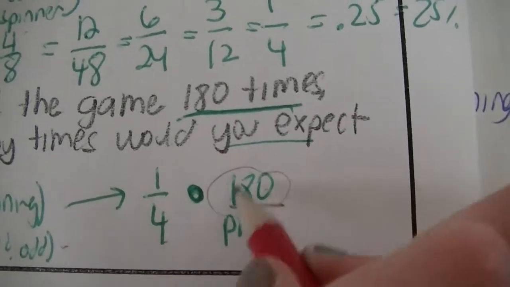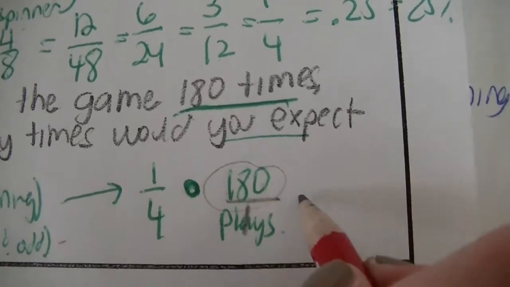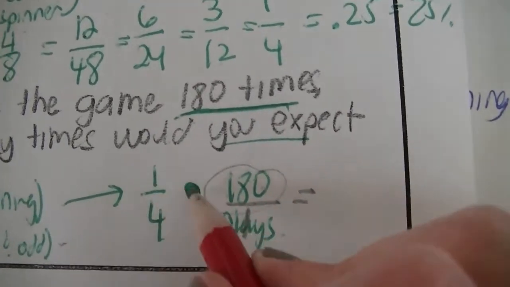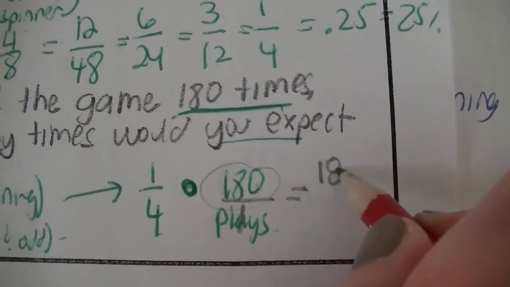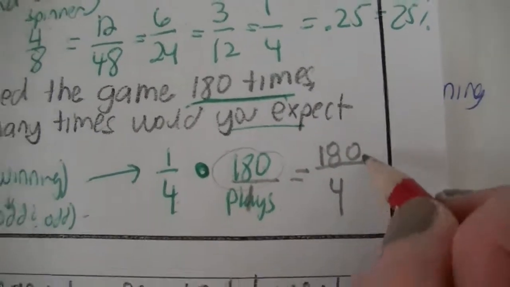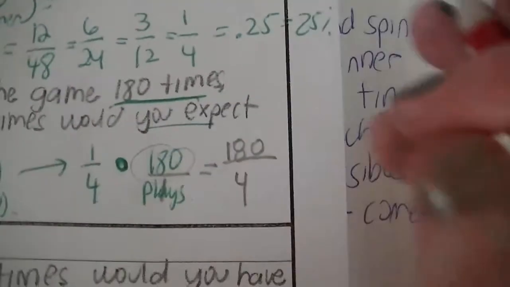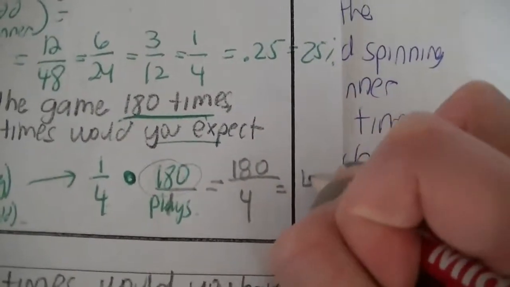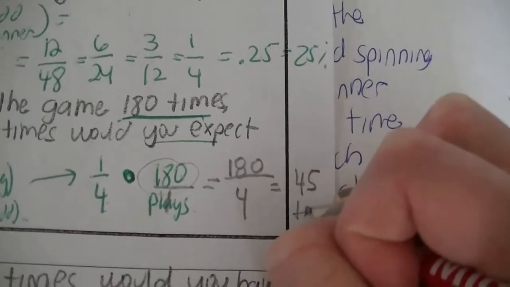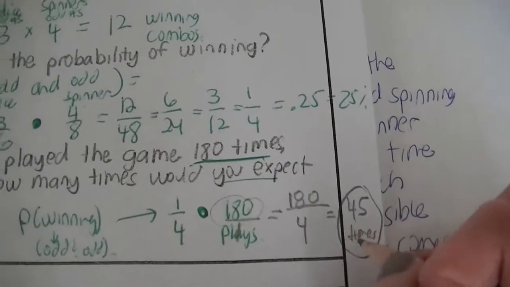So I'm still doing 1/4 times 180, but I'm putting it in fractional form so I can multiply straight across. 1 times 180 is 180. 4 times 1 is 4. 180 divided by 4 gives me 45 times. That's how many times you'd expect to win if you played this thing 180 times. Okay?